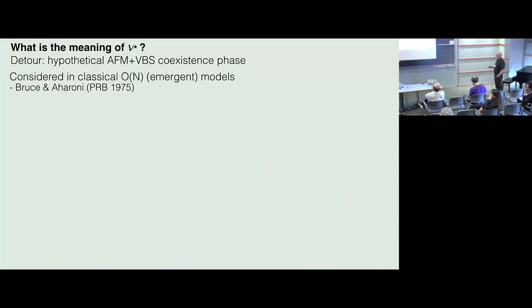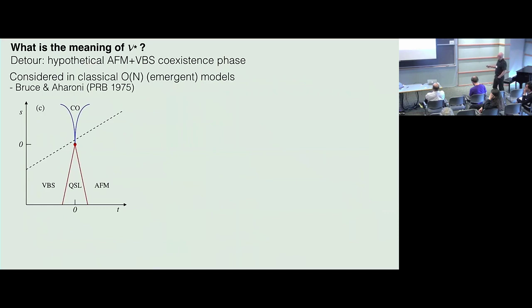So I think I should go a bit faster. Our argument makes a sort of detour here through the case that we do not think we have, namely a coexistence phase. There's some old work on O(N) points with emergent symmetry, meaning O(N) is not an exact symmetry but emergent, pretty close to what we have here.